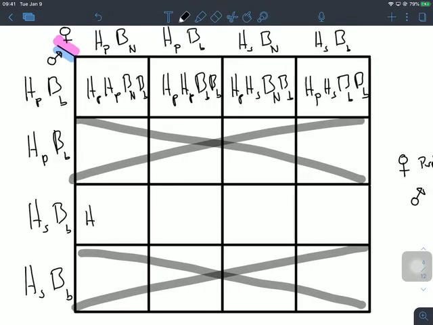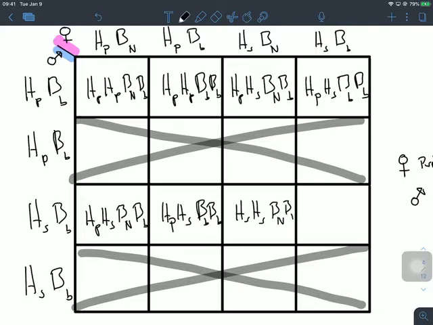Now, purple hair with a silver, with a not bald and a bald. Purple hair with a silver, but a double bald. Silver hair with a not bald and a bald. And then silver hair with a double bald.